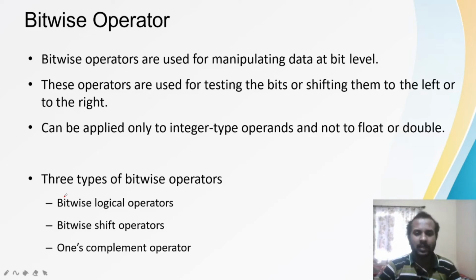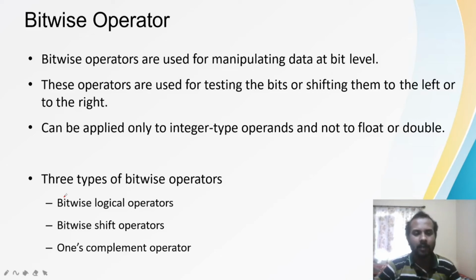Next operator is the bitwise operator. The bitwise operators are used to manipulate the data at the bit level. These operators are used for testing the bits or shifting them to the right side or the left side. They can be applied to integer type operands only, and cannot be applied to floating point or double type.